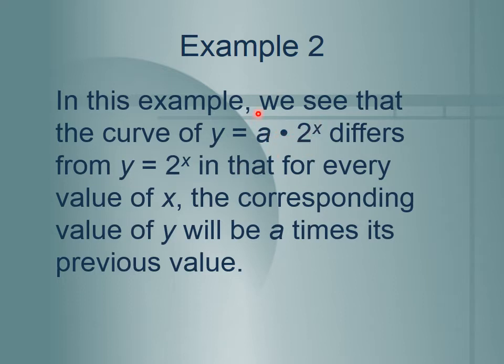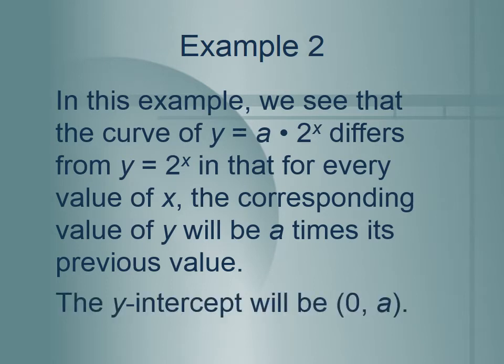It's just another number before the base and to the x power. Okay? And what that does is that for every value of x, the y value is just going to be times that a value.